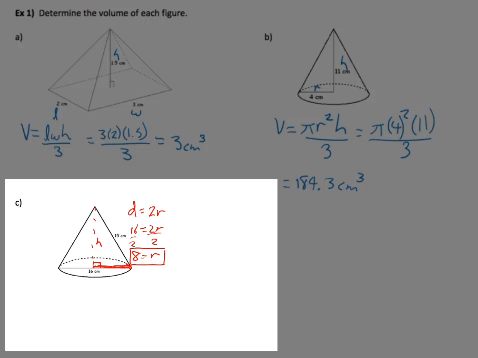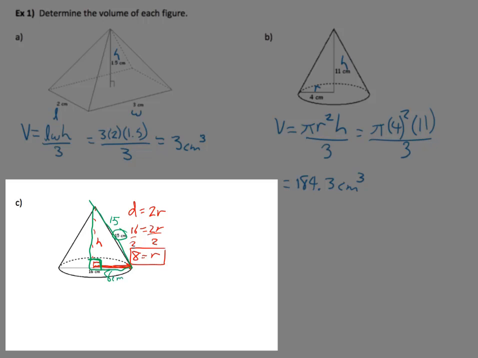There's a triangle here, and I'm going to draw it. Let me use another color just to illustrate this a little bit better. Let's go with green. There's a triangle here, and I'm going to go on the outside of my height. Looks something like this, and it's a right angle triangle. We know this is 15 because it's given to us right here, and we know r is 8, so that's going to be 8 centimeters there.